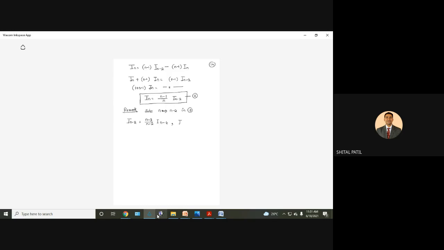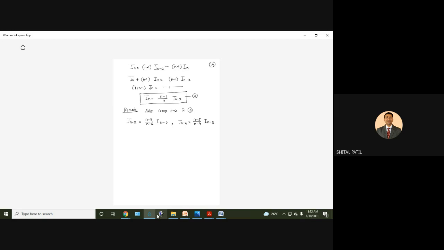Now tell me what will be I_(n minus 4). (n minus 5) divided by (n minus 4) times I_(n minus 6), and so on. In equation number 2, substitute n equal to n minus 2, then n minus 4, then n minus 6.